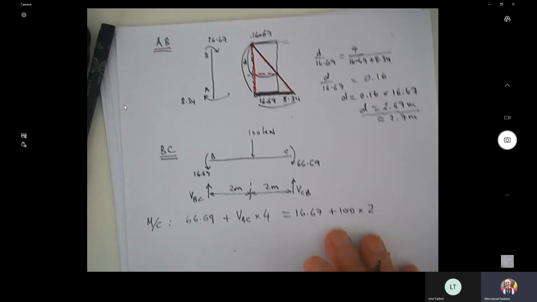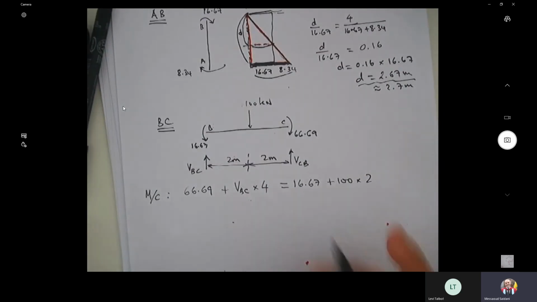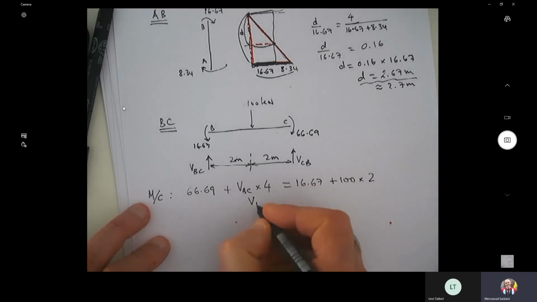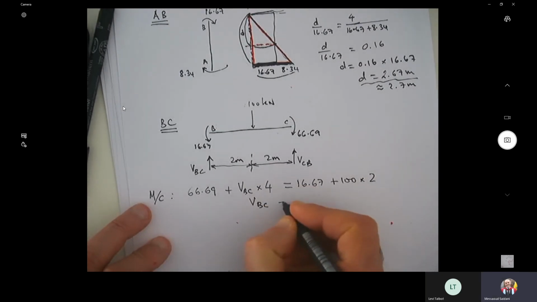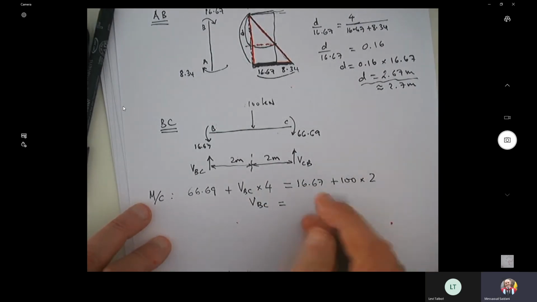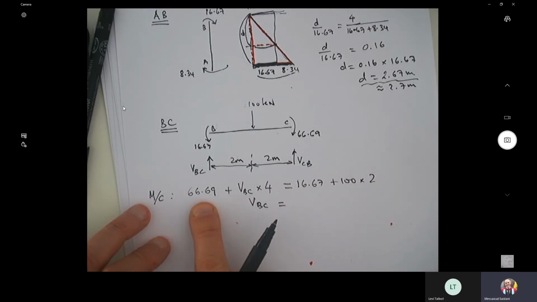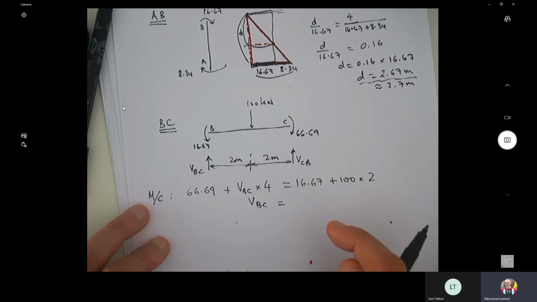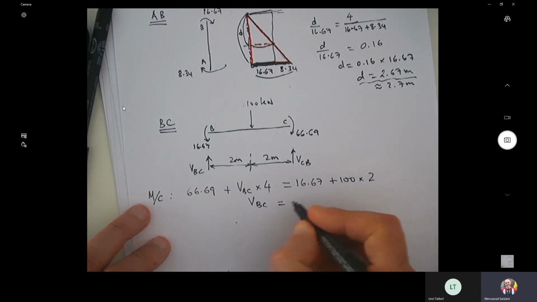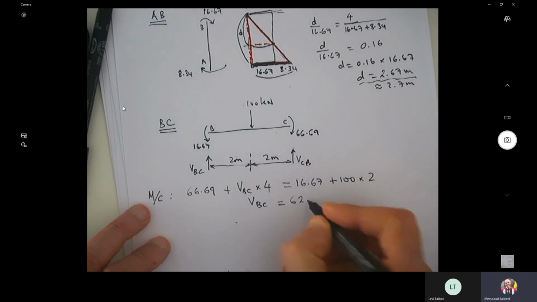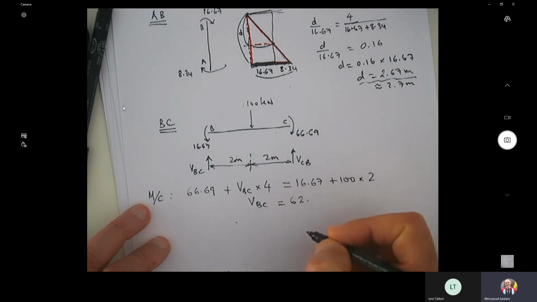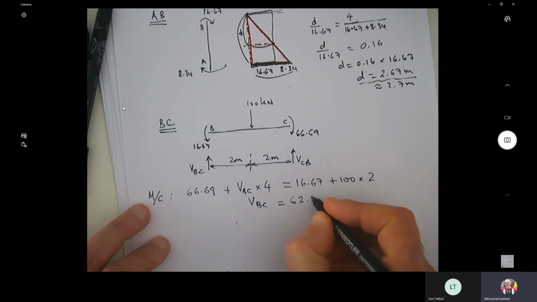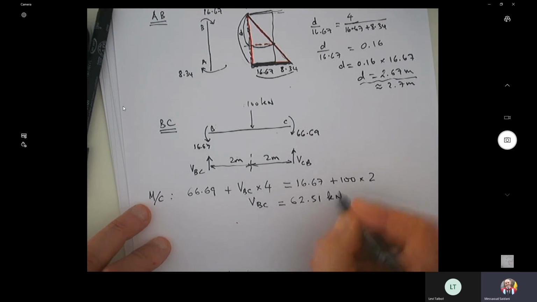So therefore you can get the VBC from here. Please use your calculator. We have 16.67 plus 200 minus 66.69, and you divide by 4. What do you get for that, please? 62.505. Let's say 62.5 kilonewtons.